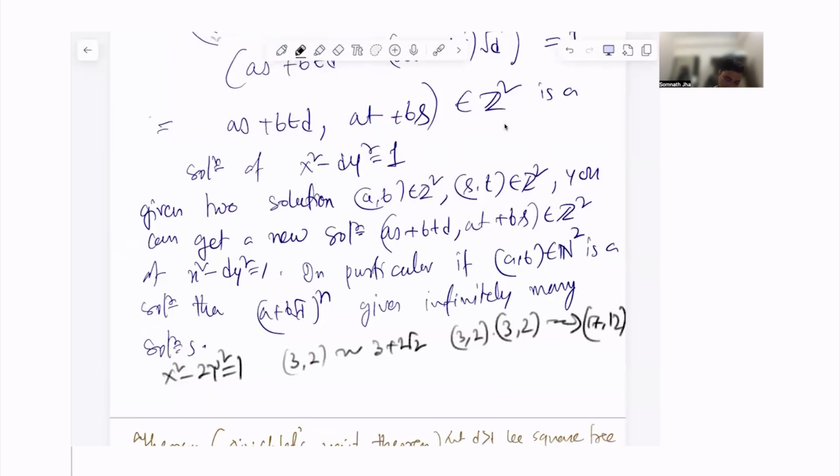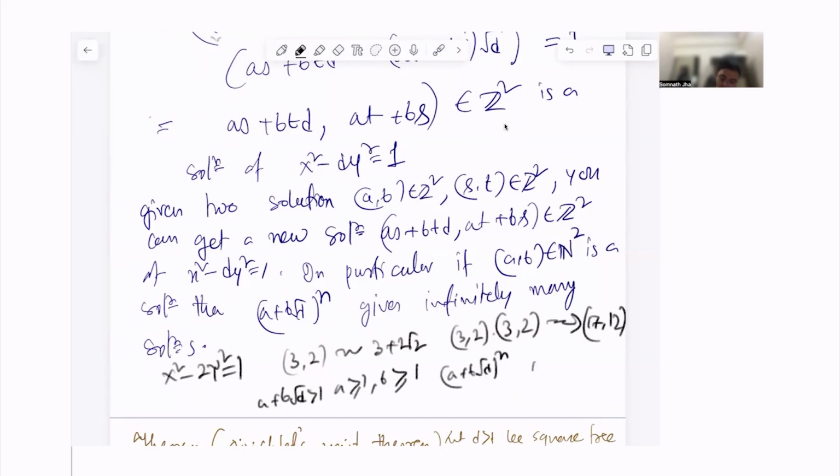And you note that for a + b√d, if a and b are both positive, greater than or equal to 1, then this is greater than 1. So the powers (a + b√d)^n are all distinct. If you get one norm one element, then the powers of 3 + 2√2 will never be equal.